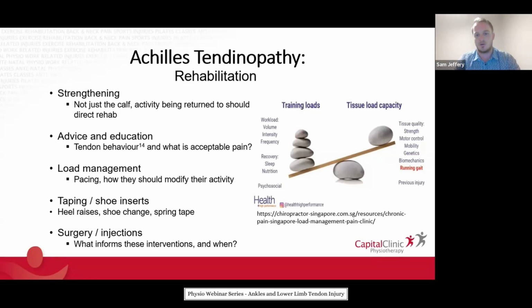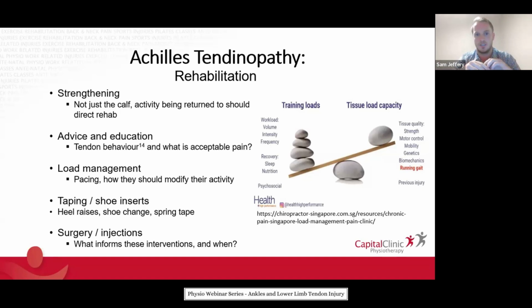Because if someone has gone from, let's say, doing 40 or 50 kilometers of running a week, and we rest them from running for 6 weeks and all they've really done is calf raises, I don't think that Achilles is now all of a sudden equipped to go and handle 50 kilometers of running again. There is so much in that process that we tend to skip over really quickly.